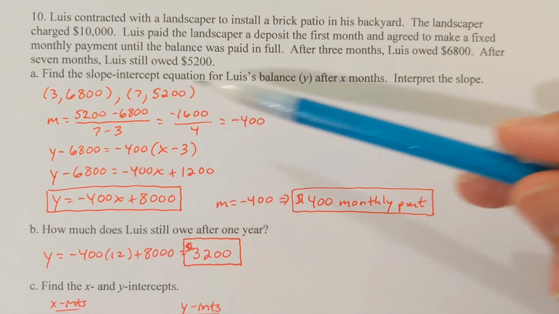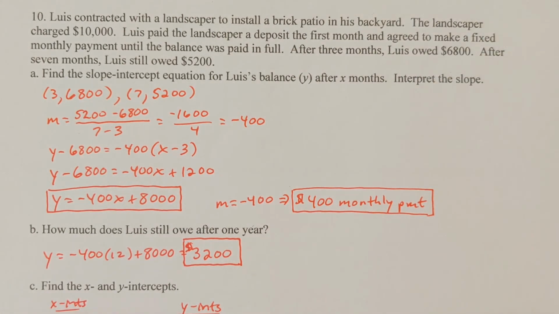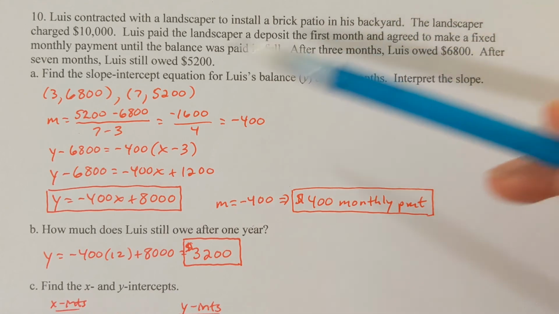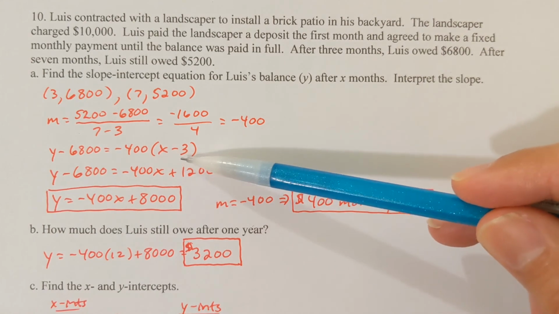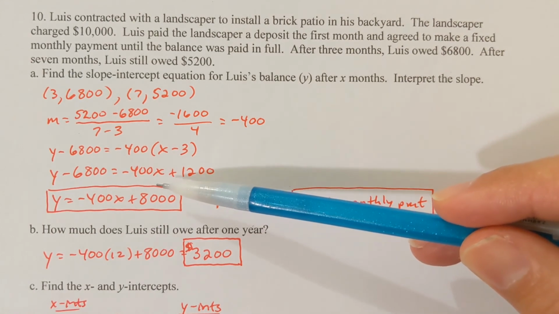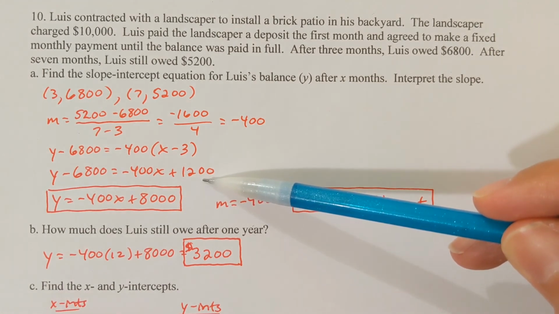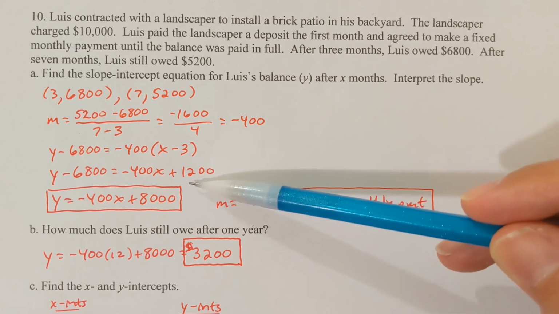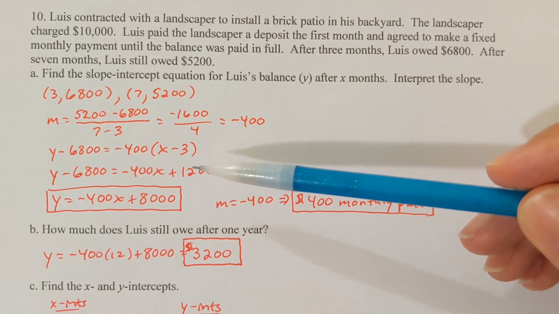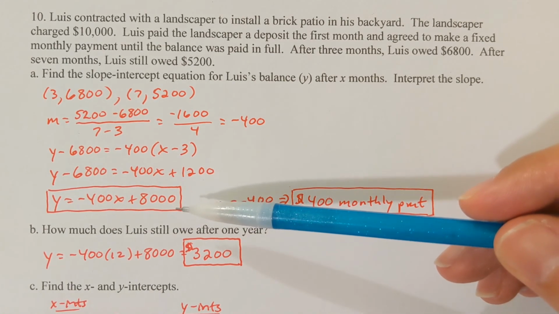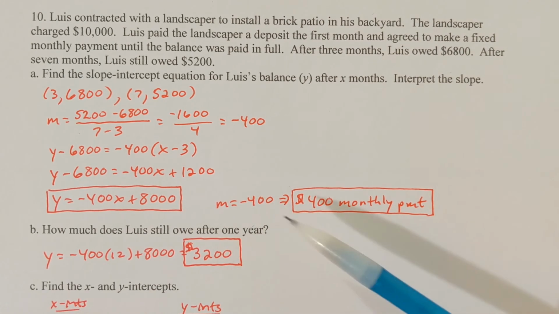Okay, and then I can use either one of these points on the line. It doesn't matter which one, they're both on the line. I just use the first one. y - 6,800 equals -400 times (x - 3). y - 6,800 equals -400x + 1,200 when I distribute. If I add 6,800 to both sides, 1,200 plus 6,800 is 8,000. So y is equal to -400x + 8,000.